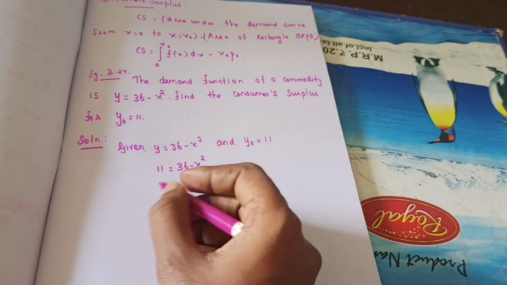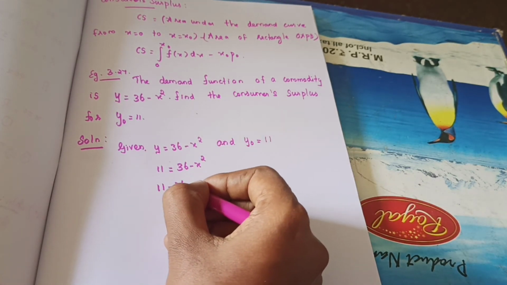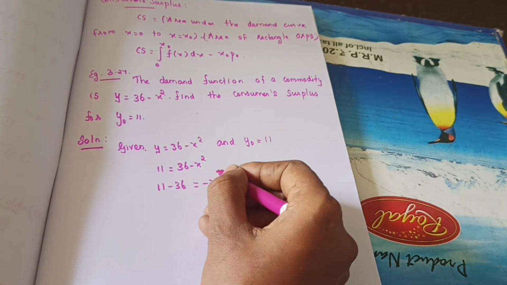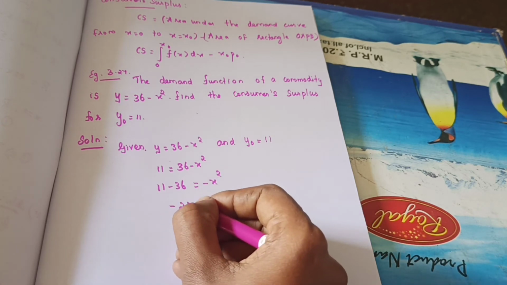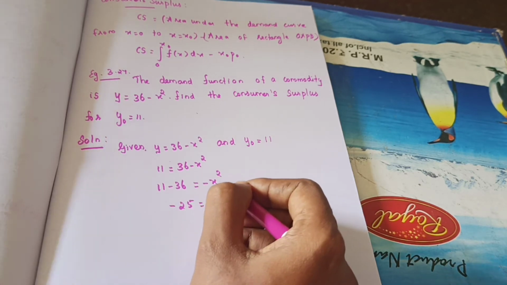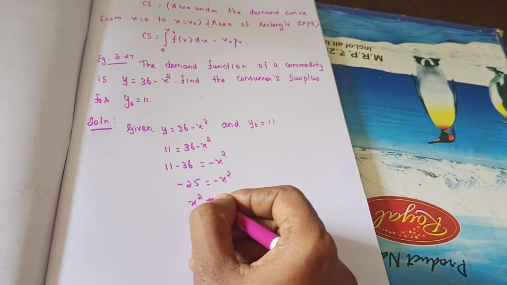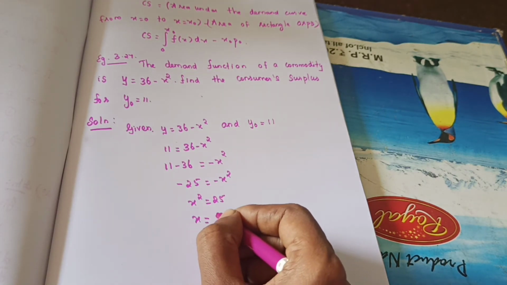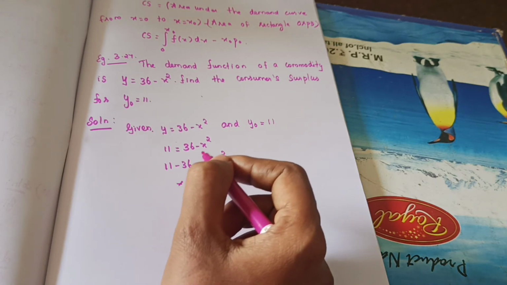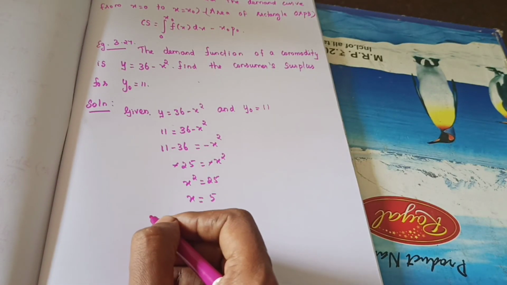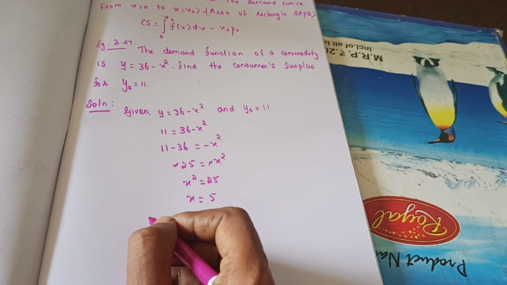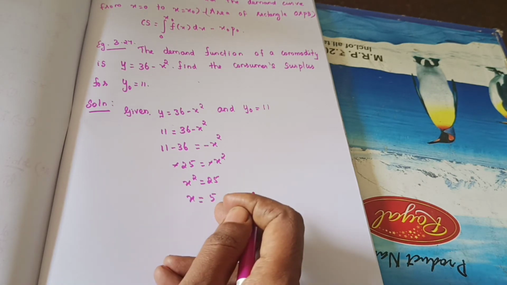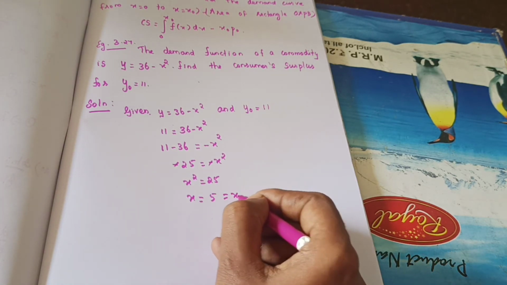So 11 minus 36 is equal to minus x square, so minus 25 is equal to minus x square. From that, x square is equal to 25. So x is equal to plus or minus 5, but the negative value we ignore, so you take only the positive value, x equal to 5. Understand? So x is equal to 5, same as x is equal to x naught.